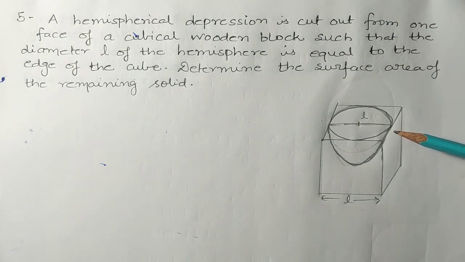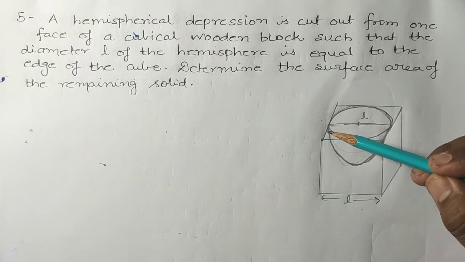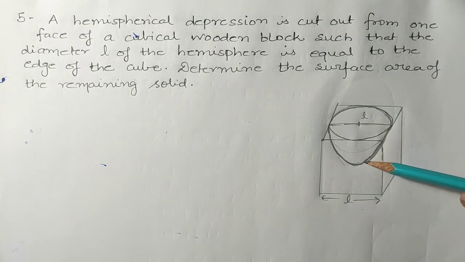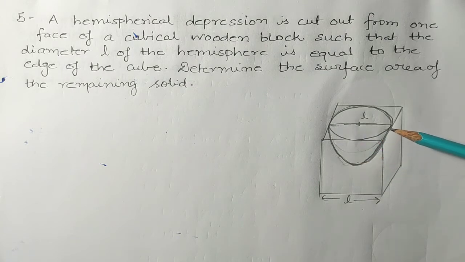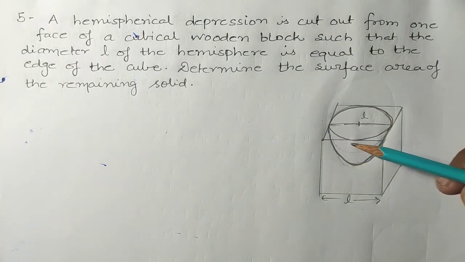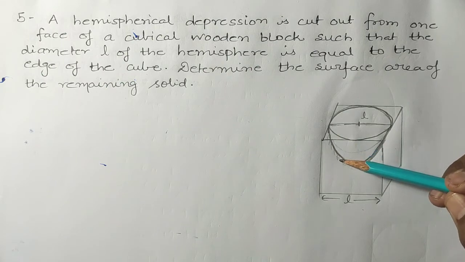Now students, you have to think about it, that this hemispherical surface was not in the beginning of the figure. Means when this depression is not cut out from this cubical block, then it is like a cube. But when this depression is cut out, now this wall is generated.